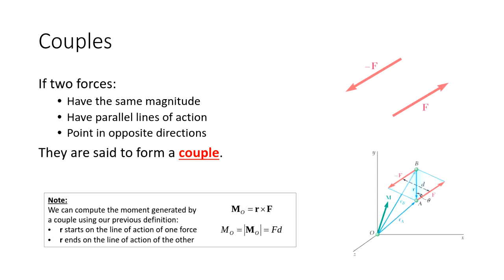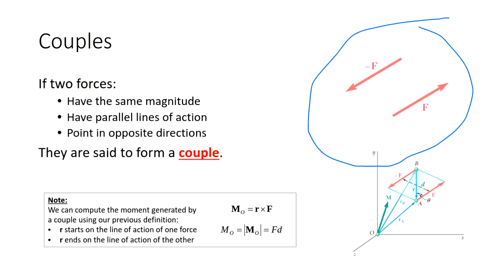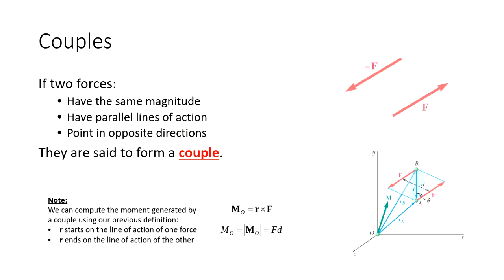I'll see if I can draw it on the screen here. Let's take these two forces here. There are two ways in which you could handle this. You could say, I'm going to sum moments about this point right here.